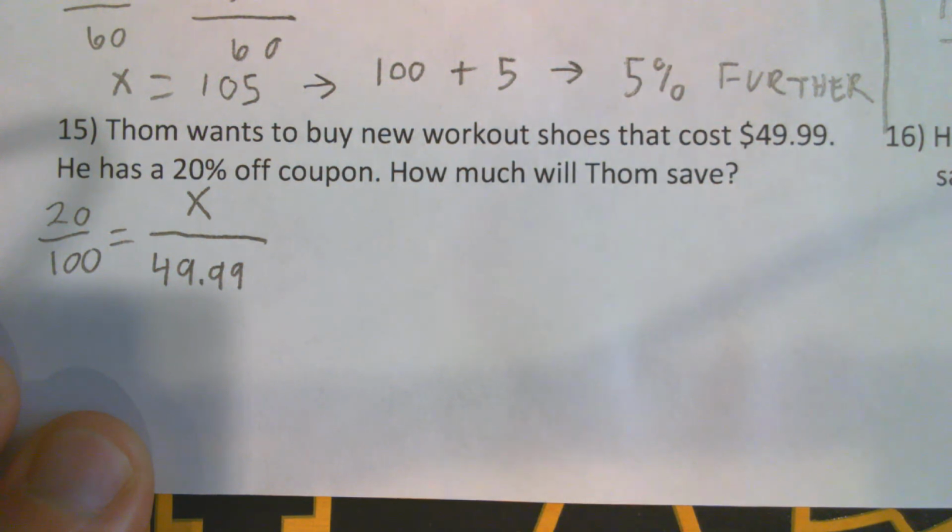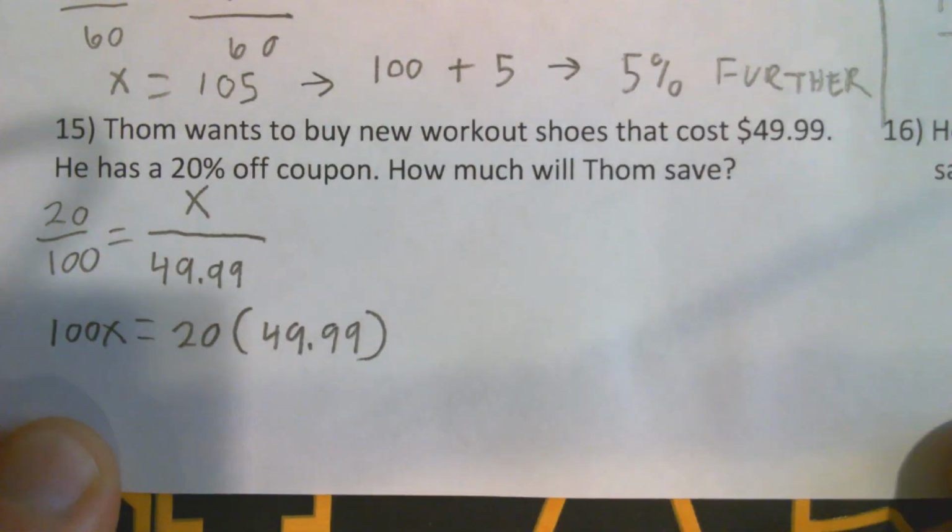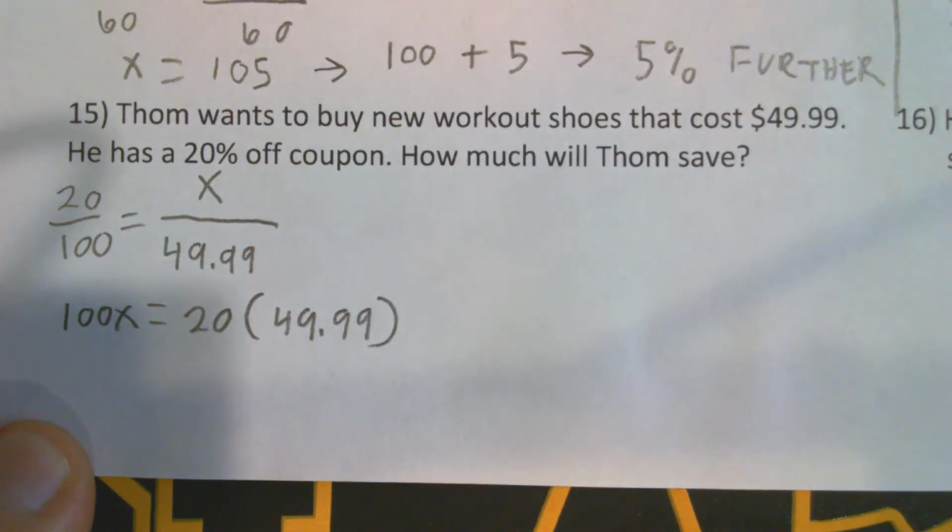Cross multiply. 100 times x equals 20 times 49.99. Divide by 100.